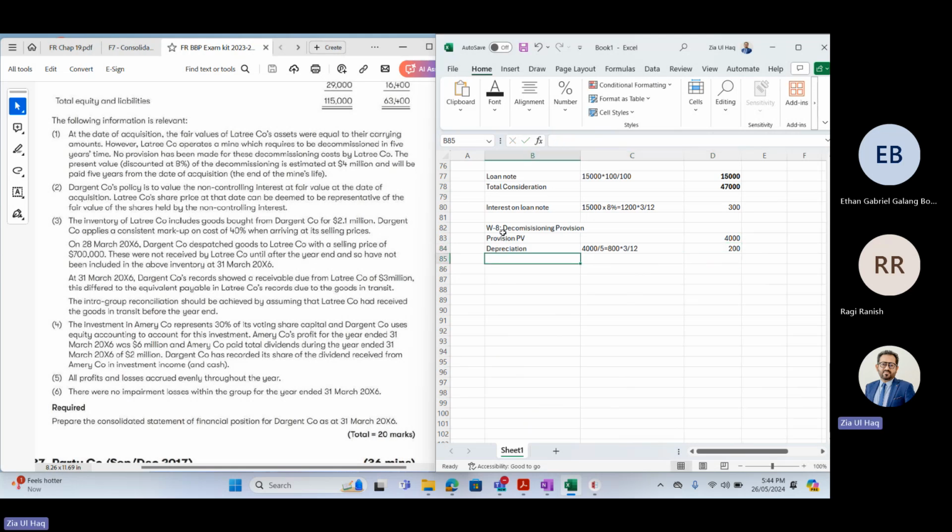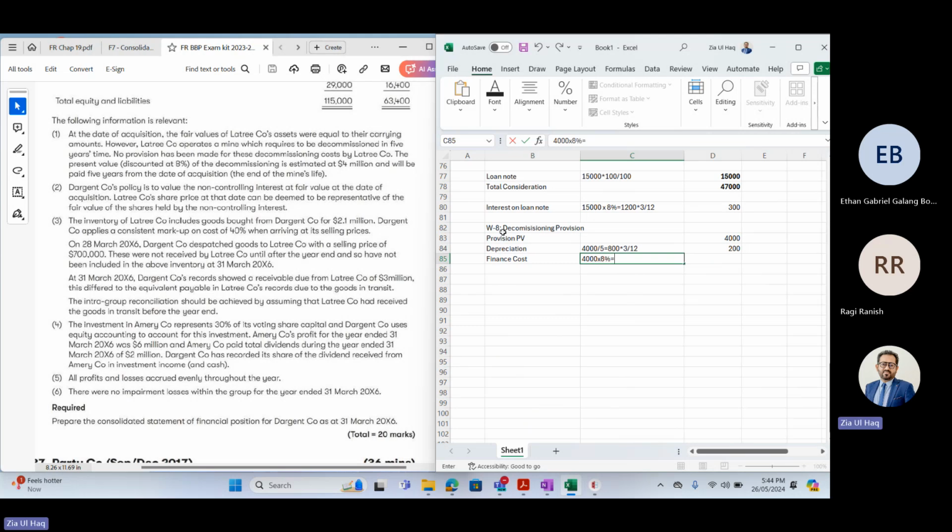Okay, and we need to record the unwinding discount interest, finance cost. That is 8% is the rate. So 4,000 multiplied by 8%.